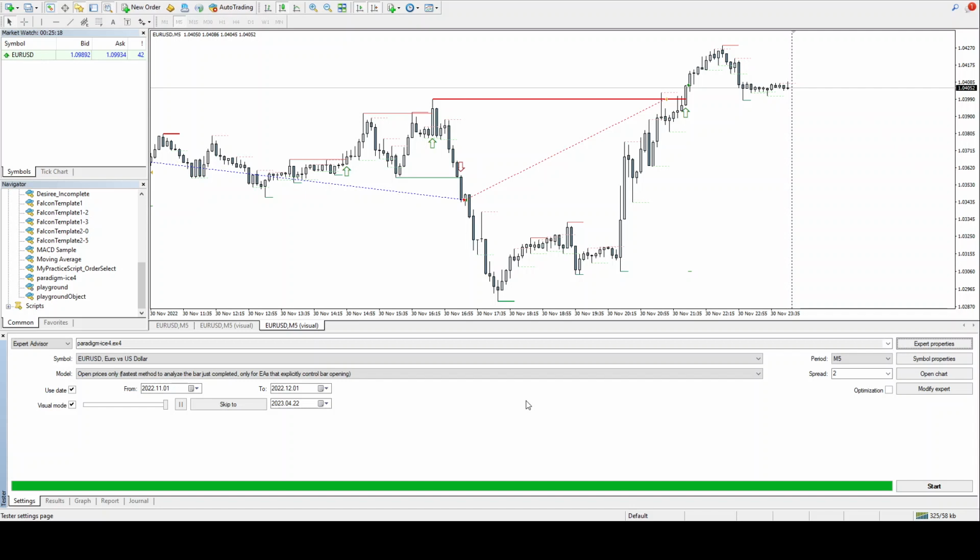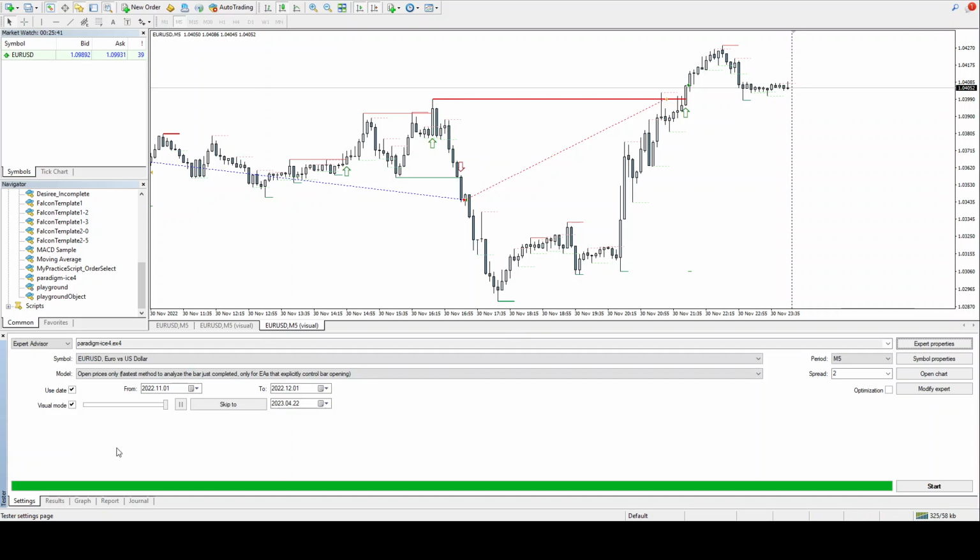It doesn't do add bias or is there fair value gaps or anything like that. I've not built that into the EA yet. Okay, it's something I'm going to explore later on. But the current version just simply takes buy when there is a buy, sell when there is a sell, nothing else. It doesn't factor in anything else. So this is the result for that.